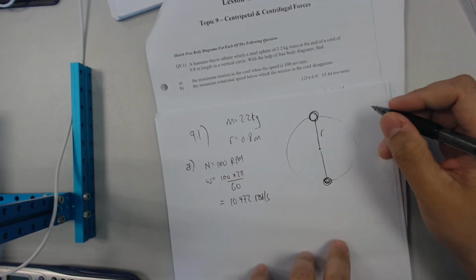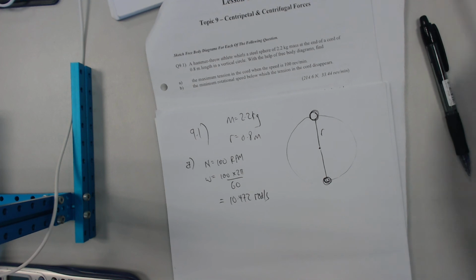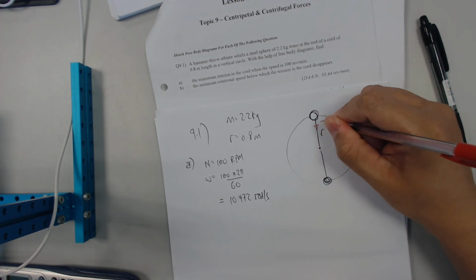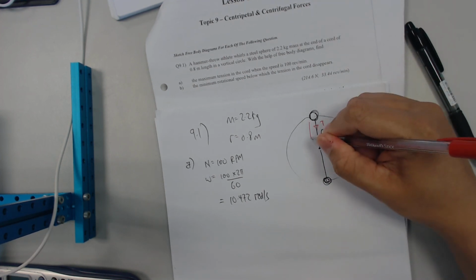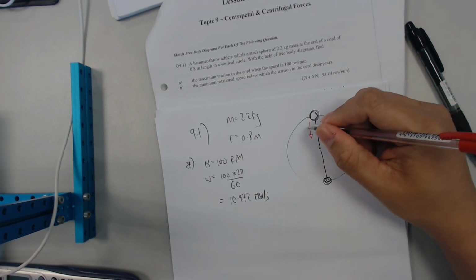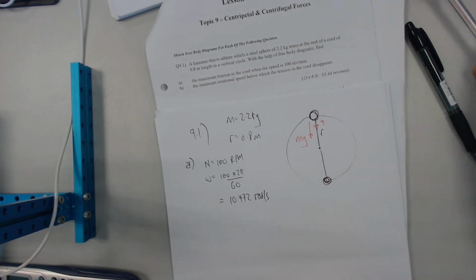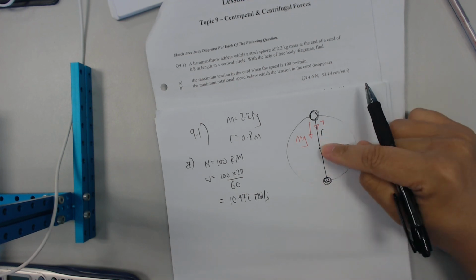If your speed is 100 rpm and it is rotating constantly at this omega, look at the top position. What forces do you have? You have your tension and your weight, mg. So you have two forces towards the center of the circle.